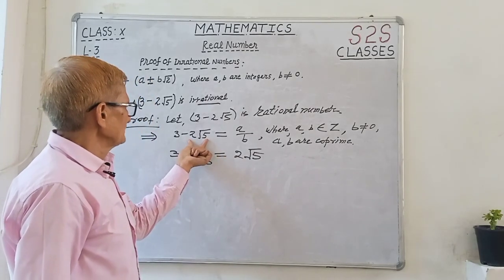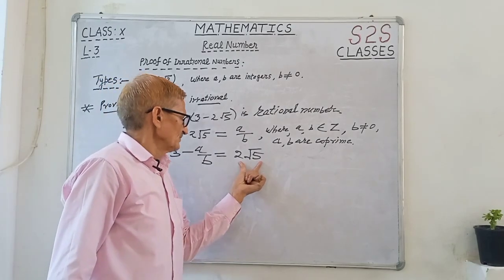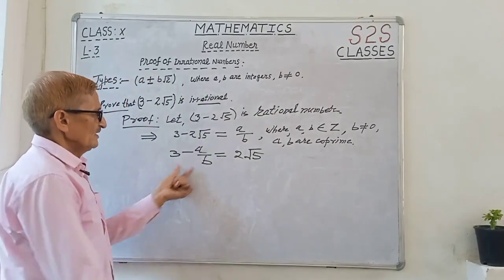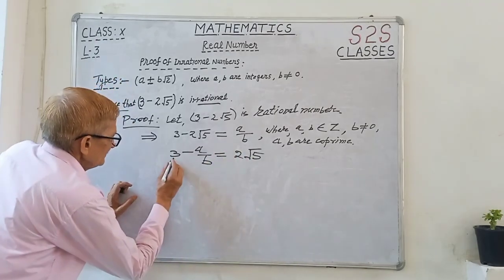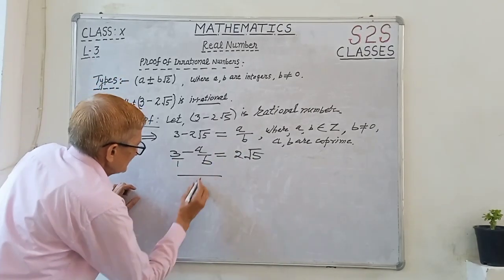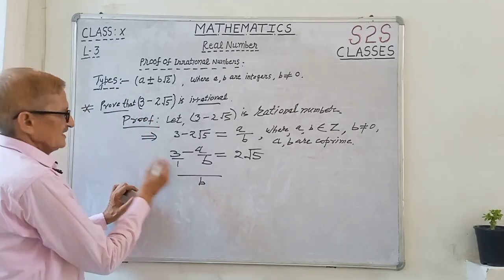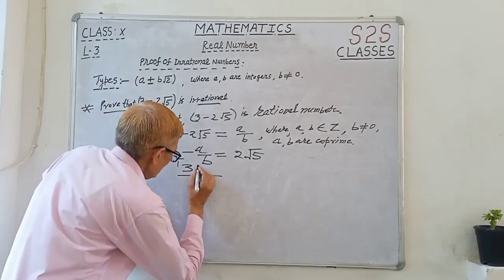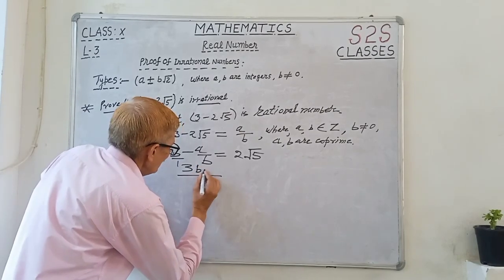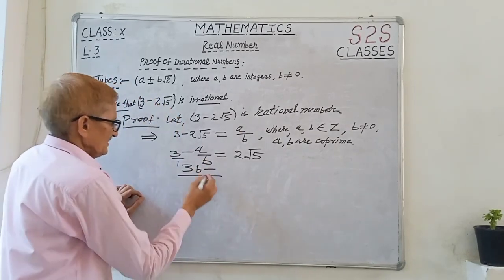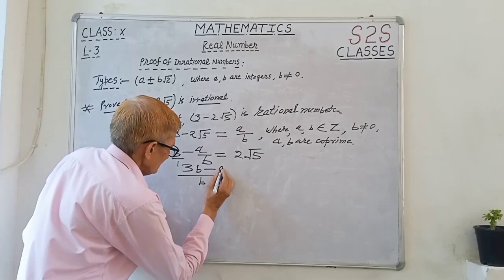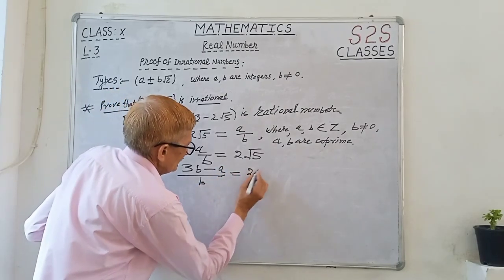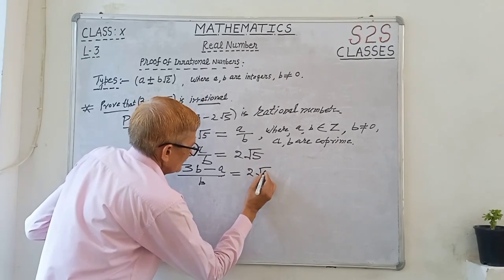Now simplify. LCM is b, then 3b minus a, denominator b, is equal to 2√5.